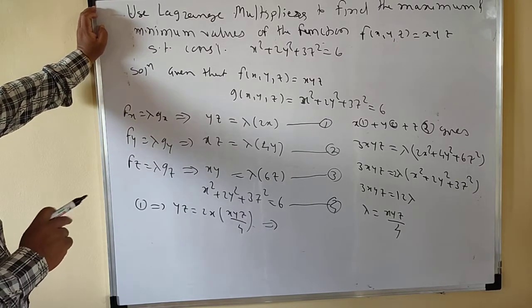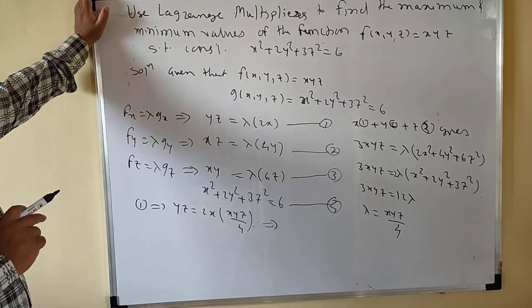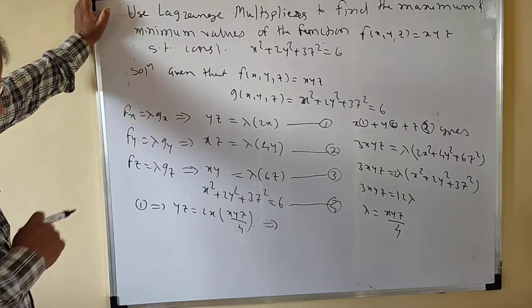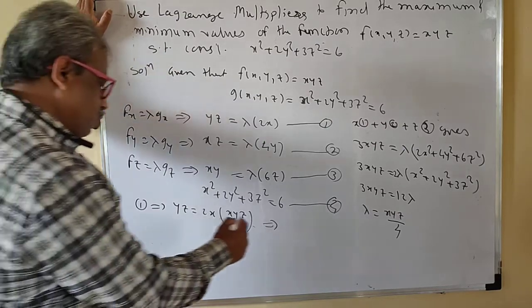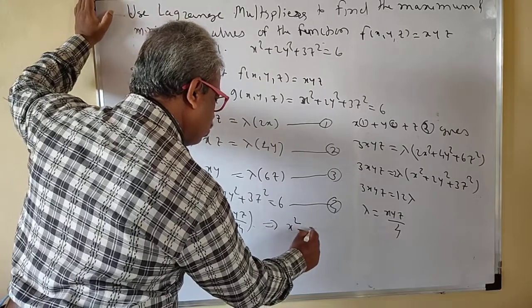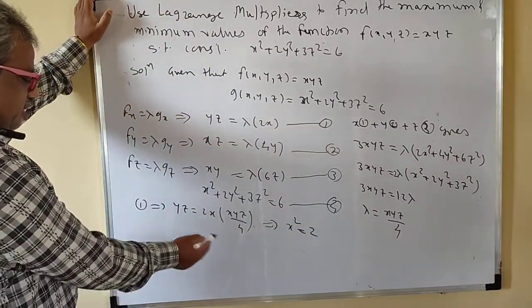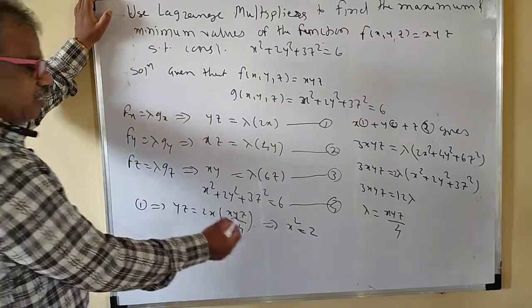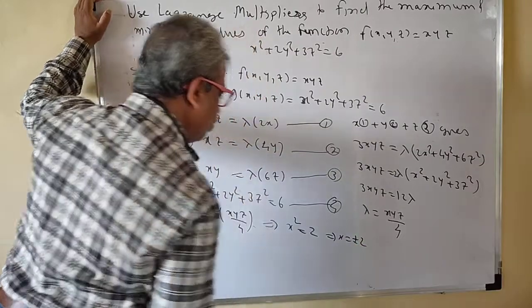So I will not take the value x is 0, y is 0, z is 0, because from that we get the value of the function as 0. So I will cancel that yz. So I get x square is equal to 2. How? This 2 gets cancelled, x into x is x square, I will shift that to this side. So this implies that x is equal to plus or minus root 2.